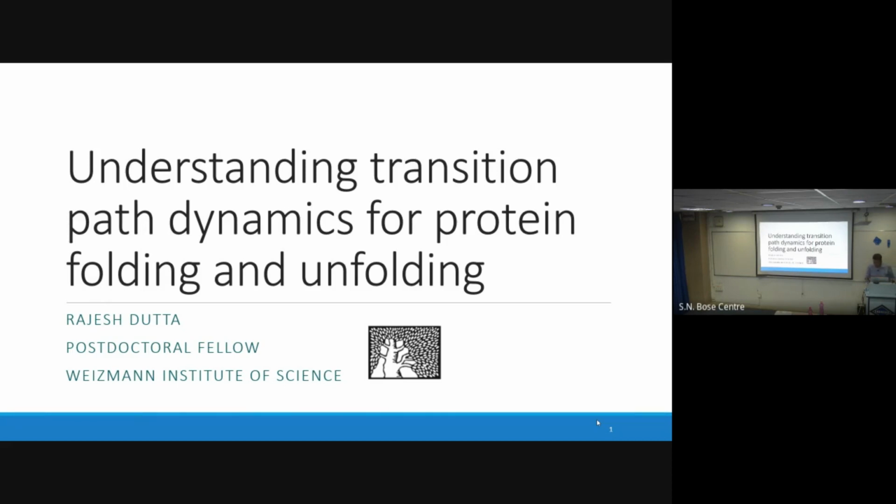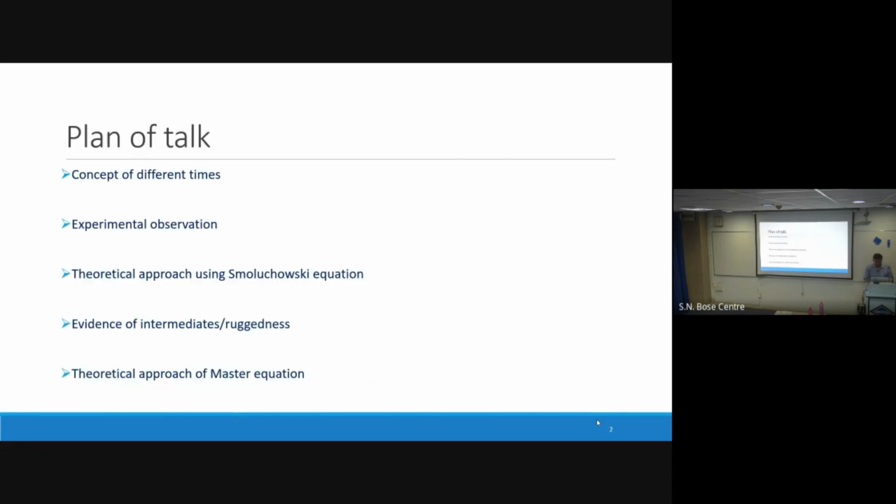So with that, I'll move to the plan of the talk. First, I'll discuss the concept of different times that can be measured experimentally and theoretically in protein folding and unfolding dynamics. Then I'll briefly describe the experimental observations on these transition paths, and later I'll survey the literature on theoretical interpretations available for this experimental observation.